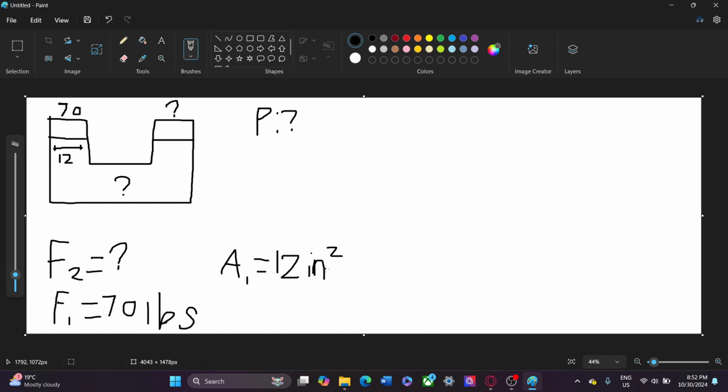Make sure to put the squared. So what we do is now we also have to find our area for this, which luckily we already know. It's 6.